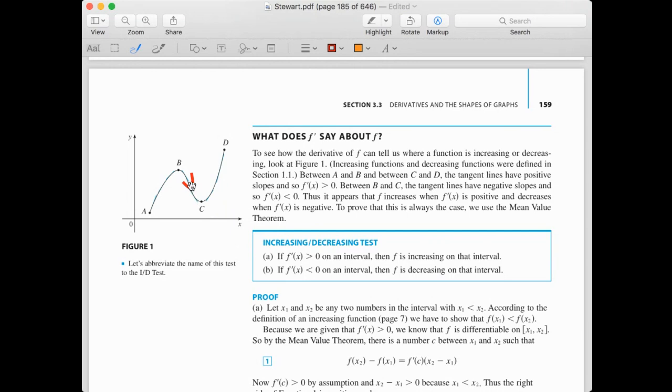So the function decreases, and the slope of the tangent line at any point is negative. Again, from c to d, the derivative at any point in the interval is positive, and the original function increases. So the value of the derivative tells us if the function increases or decreases in a certain interval.